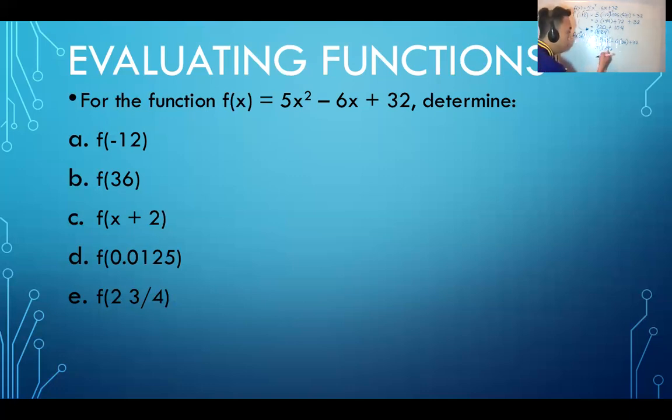Okay, so we have 1296. Negative times positive is negative. So 36 times 6. That is 216 plus 32.